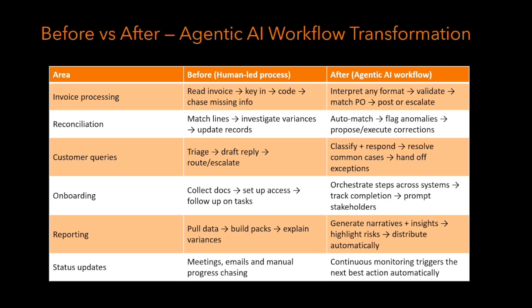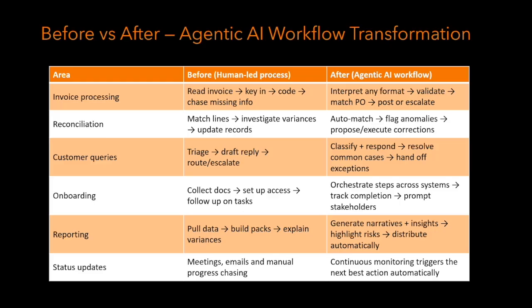On invoice processing, a human opens up the ERP system, reads the invoice received from the supplier, keys in that information, codes it, and chases any missing info. But if we have an agentic AI in place of that human, it's going to be able to interpret the data, quite similar to a human, maybe even better, validate it, match POs, and then post or escalate as it sees fit.